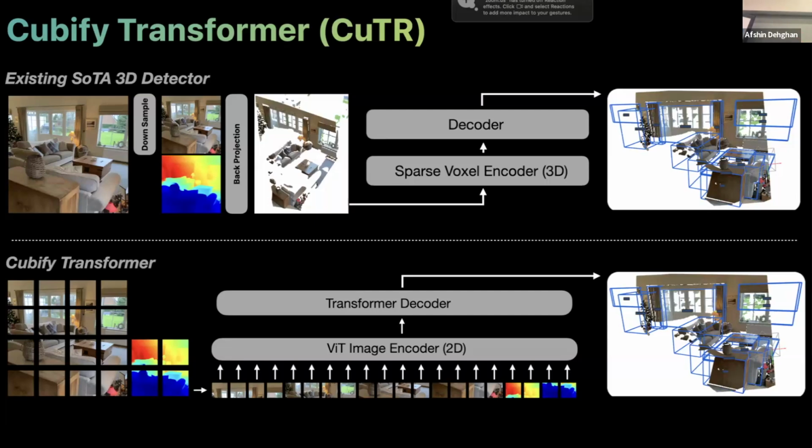The way that we did it was that we wanted to leverage strong ViT backbones that are also very RGB friendly, and that are very strong when pre-trained on large datasets. And the pipeline is actually quite simple. We follow an architecture similar to 2D transformer-based object detection pipelines like DETR. You basically take RGB. Depth can be optional, and it comes at a much smaller resolution. We just patchify the image and the depth input.